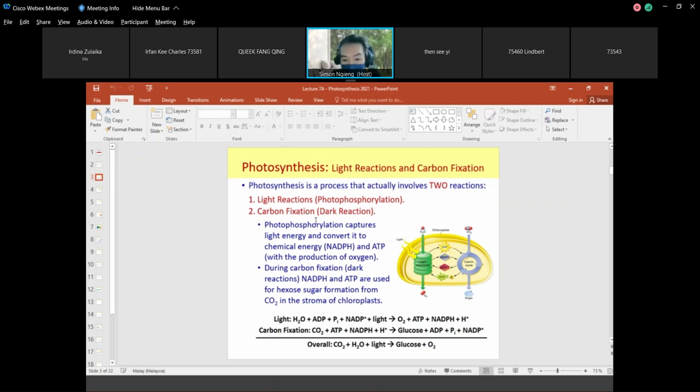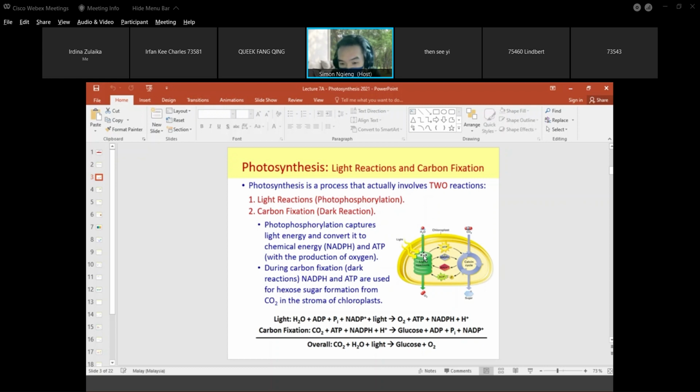For the first part, the light reaction, you can look at the light reaction over this side and the dark reaction over this side. As the name implies, you require light to activate the chlorophyll inside the plant to release electrons.